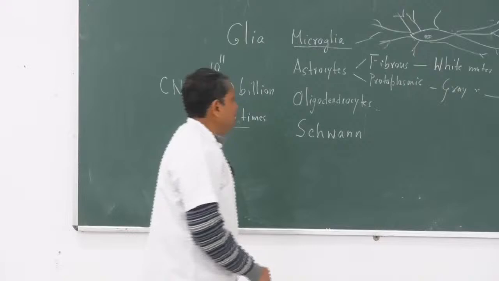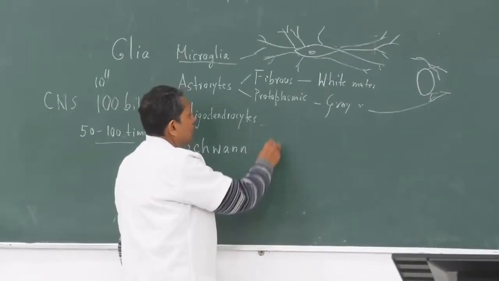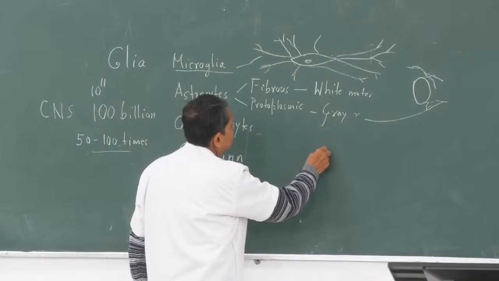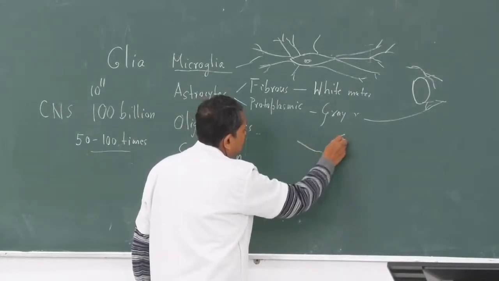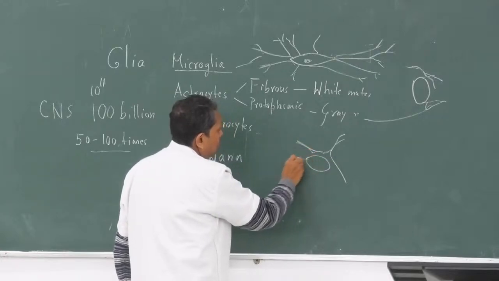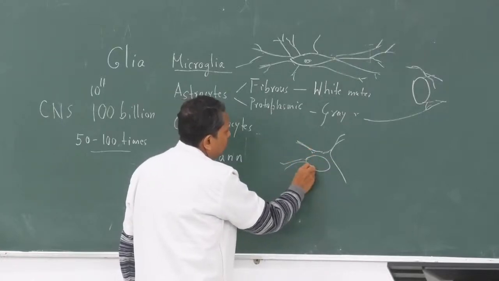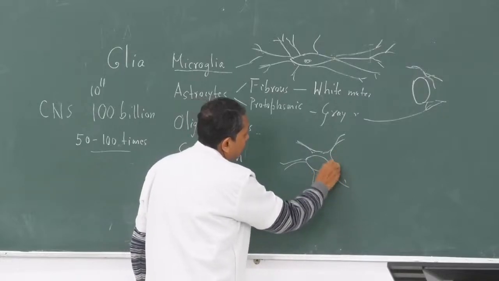Now oligodendrocytes. These cells give rise to processes, and they are responsible for myelination in the central nervous system.